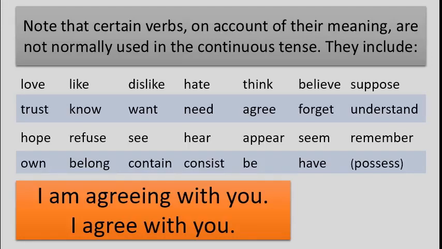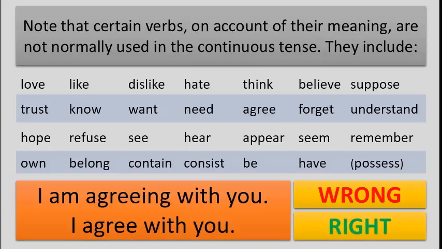That on account of their meaning, certain verbs are not normally used in continuous tense. Then the first statement will be considered a false statement. And if we say I agree with you, then this statement will be considered a correct statement.